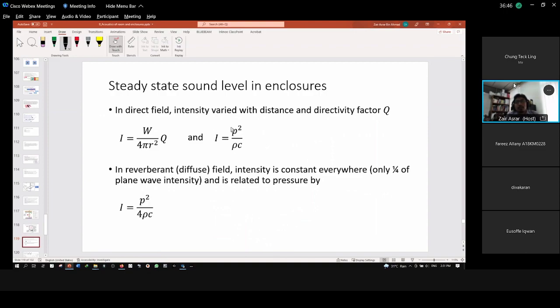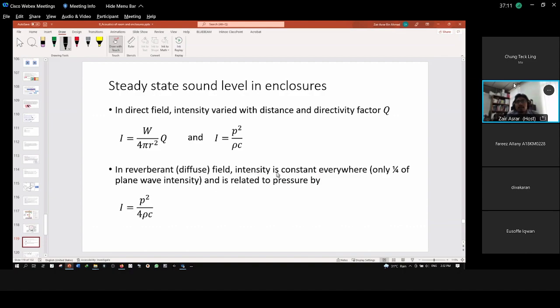And we know our intensity is equal to sound pressure squared over impedance, the density of the medium times the speed of sound in the medium. So we can equate these two. In a reverberant or diffuse sound field, we know that this intensity is not dependent on distance; it's a constant value.